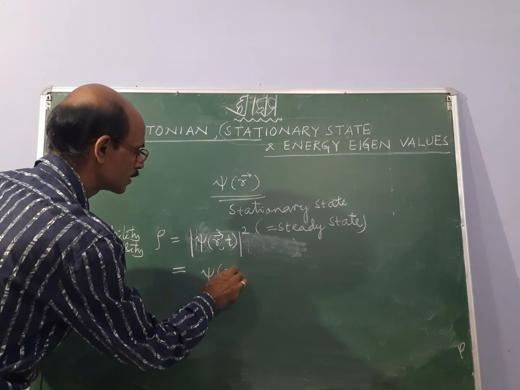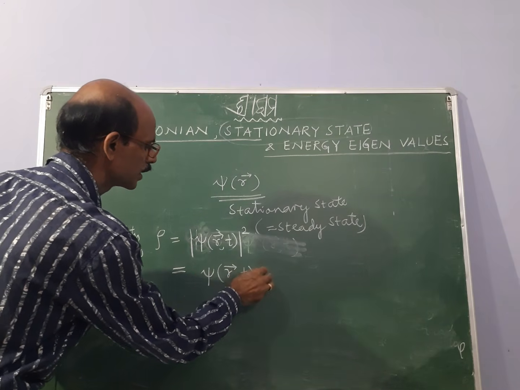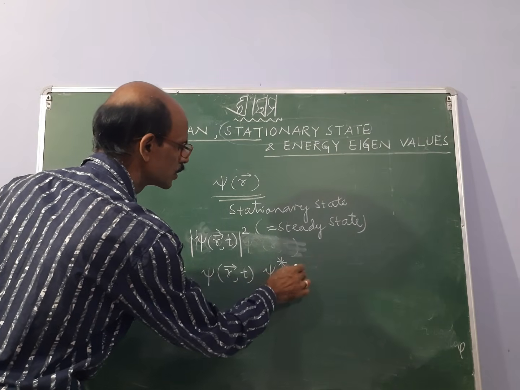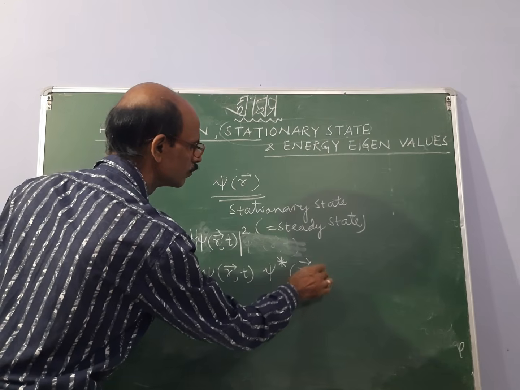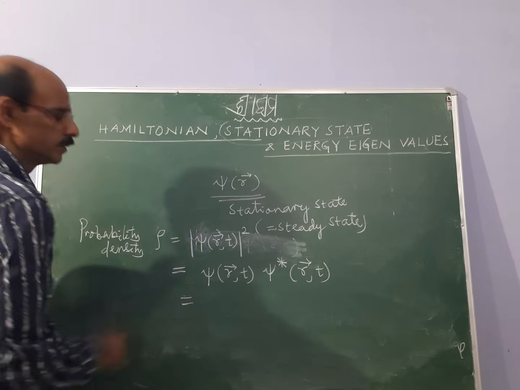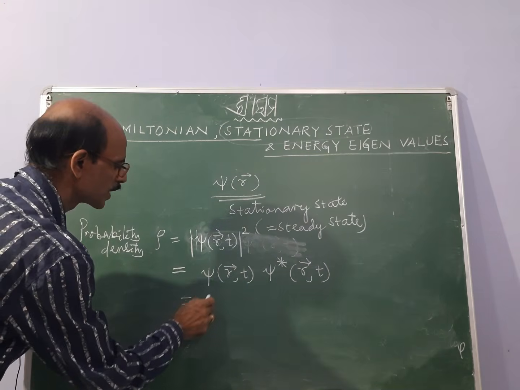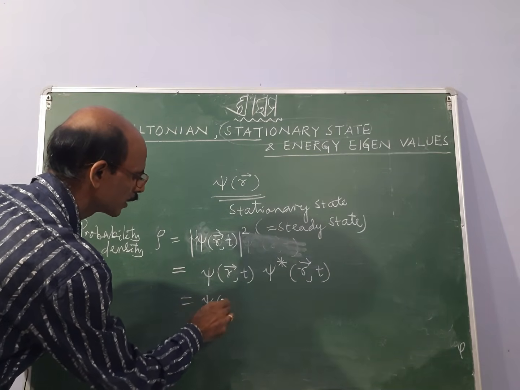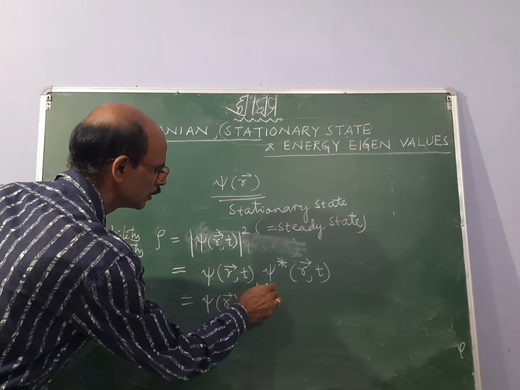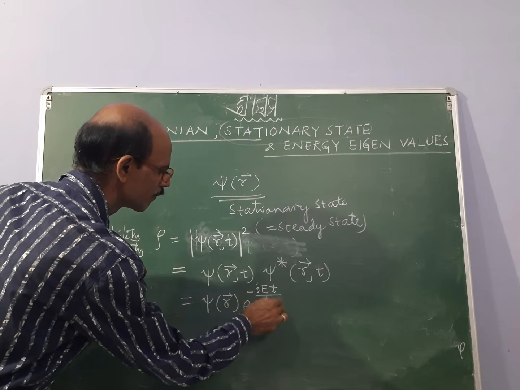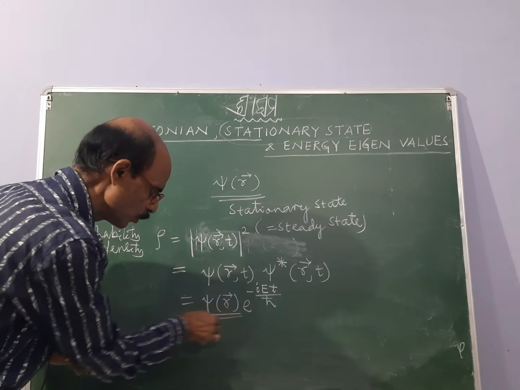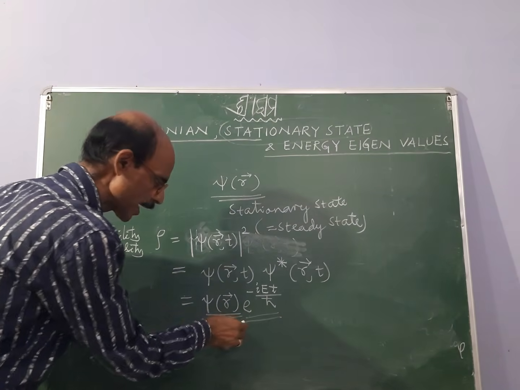So since the wave function is a complex function, I can write it as psi times psi star r t. But we know that psi r t is nothing but psi r exponential minus i E t by h cut. This is the position dependent part and this is the time dependent part.